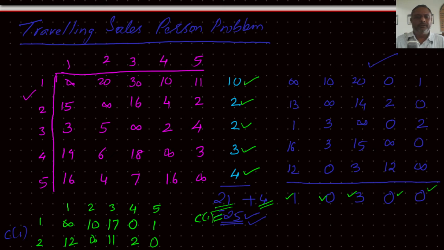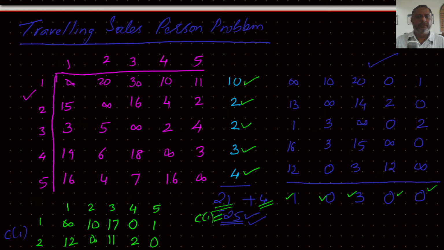Cost of 1 4 was 25 plus 13, so that makes 50. So cost of this is 50.